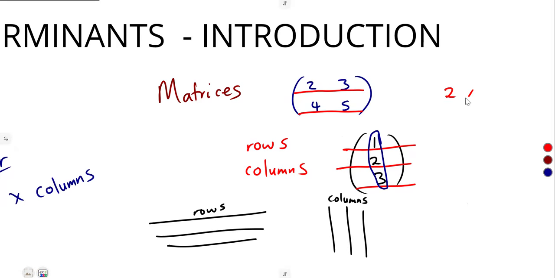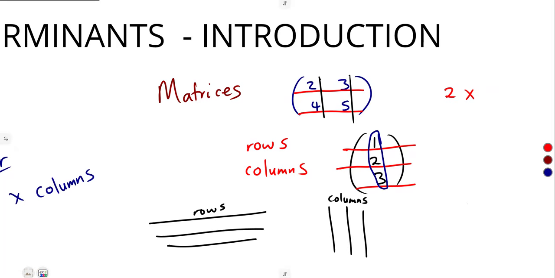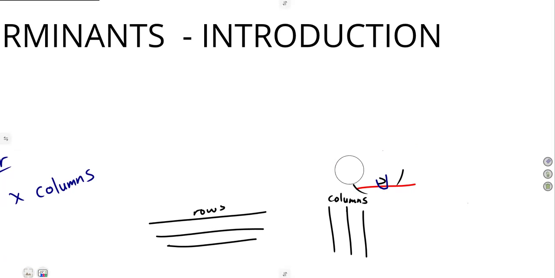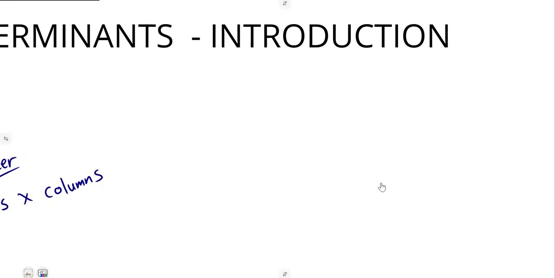So it's a 2 by how many columns? 1, 2. So that's a 2 by 2 matrix. You can also call it a 2 by 2 square matrix. So that is the presentation that you have on your matrices. And these are the ones that bring in determinants.